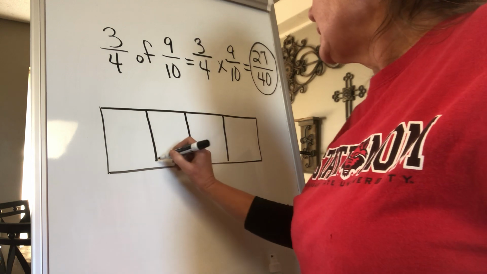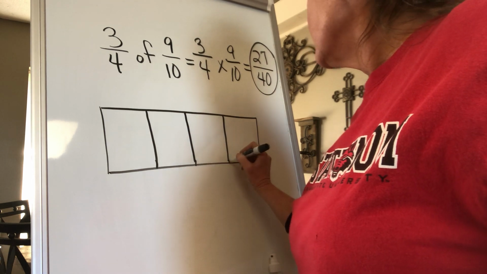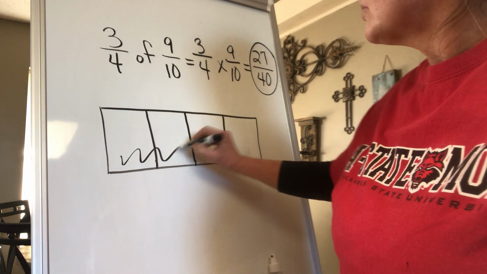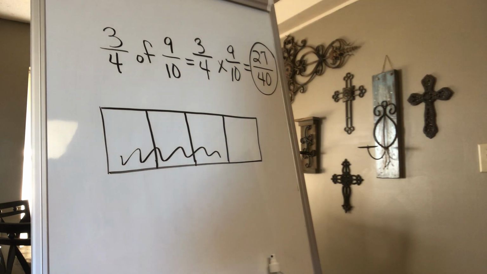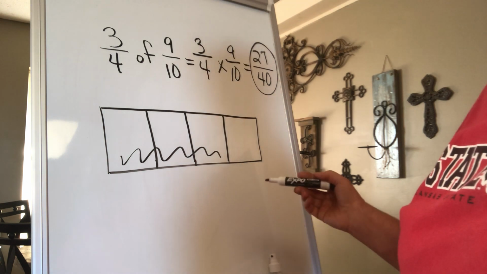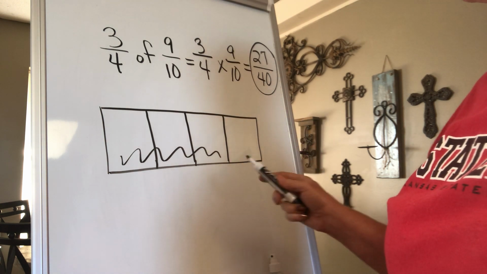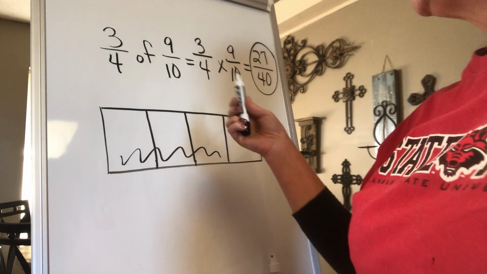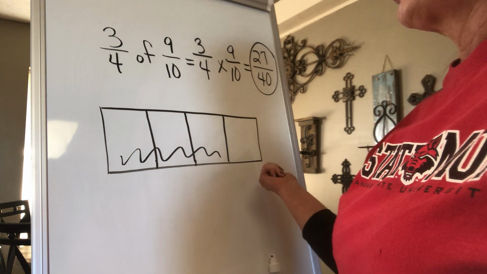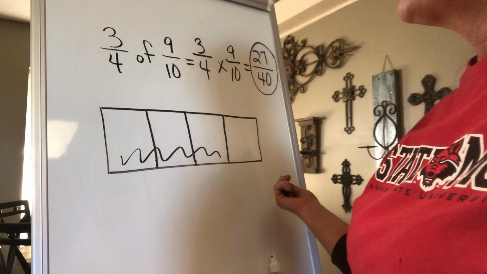So we know that she ran 3 of these, right? Okay, so if she ran 3 of those, the first thing we would need to know is how much is each fourth?